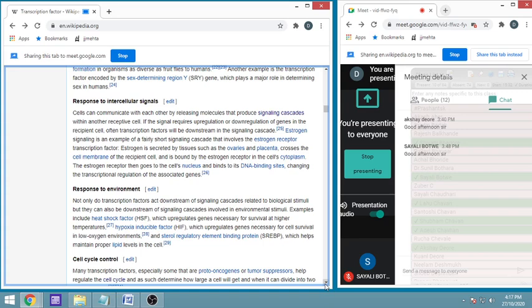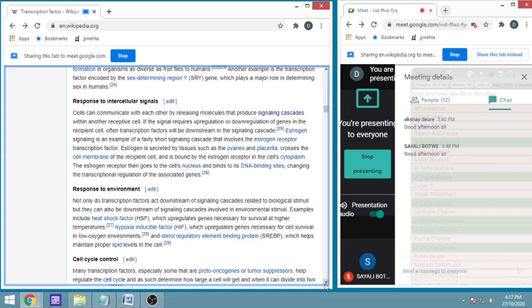Similarly, the cells can communicate with each other by releasing molecules that produce signaling cascades within another receptive cell, and if the signal requires upregulation or downregulation of genes, they often do it. An example of this is estrogen signaling, a fairly short signaling cascade that involves the estrogen receptor transcription factor.